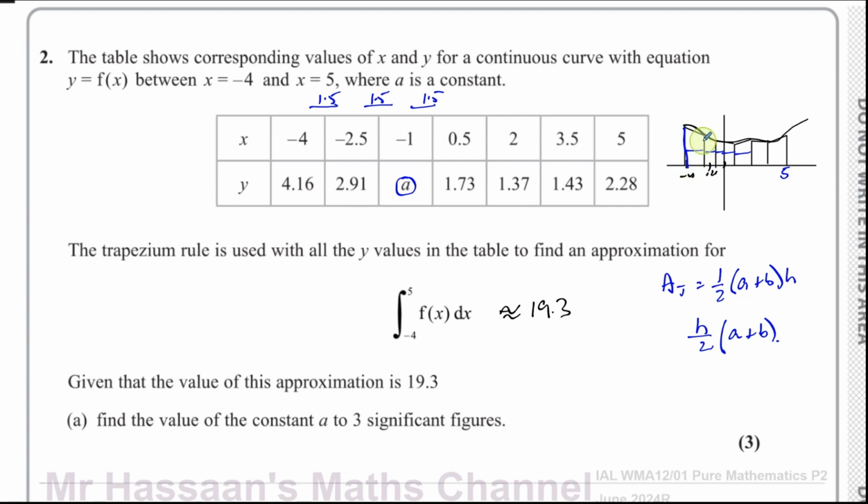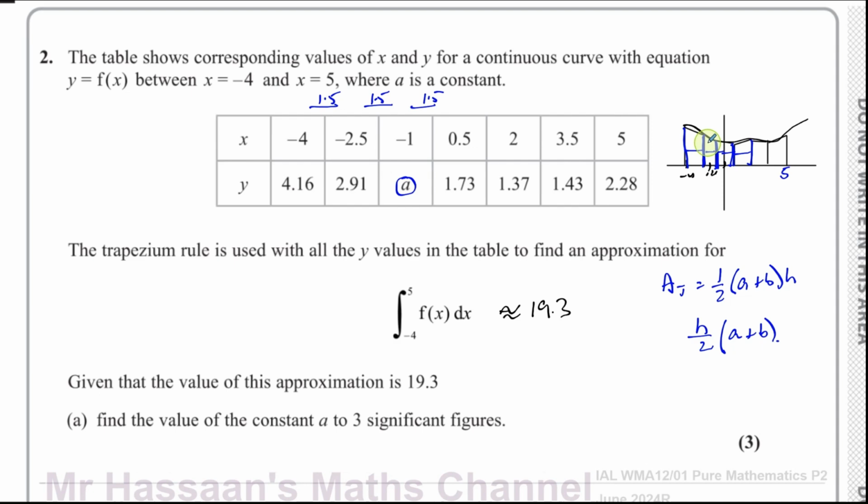For the first trapezium you use this length and this length, your a and your b. For the second trapezium, you use this length again, and then this length. So this length has been used twice now. For the third trapezium, this length and that length, so again this is used twice. For the next trapezium, this length and that length, and so on.